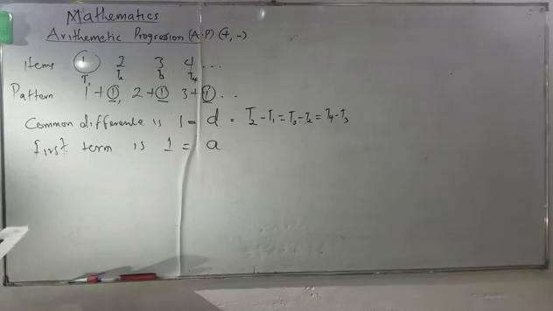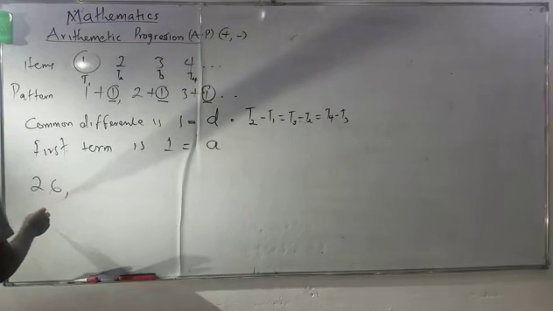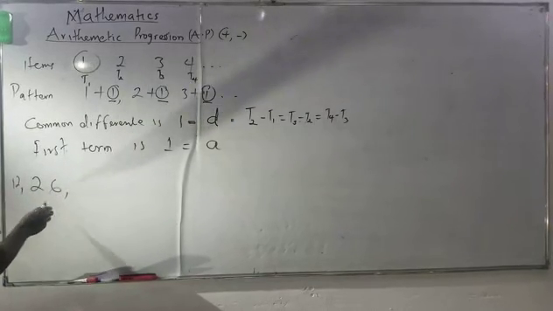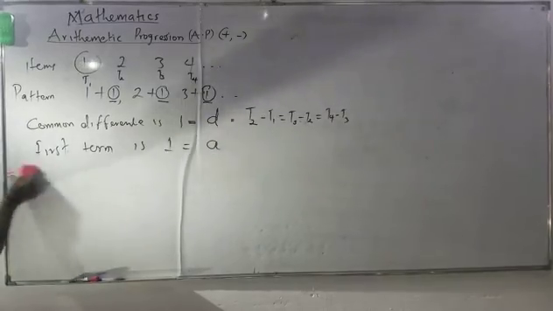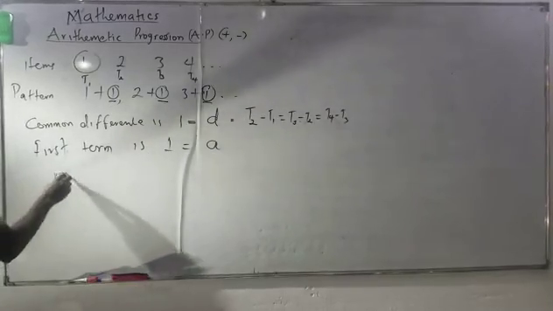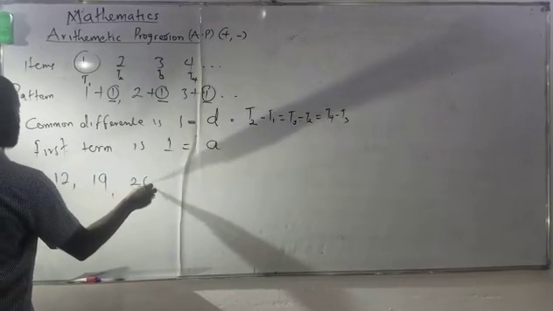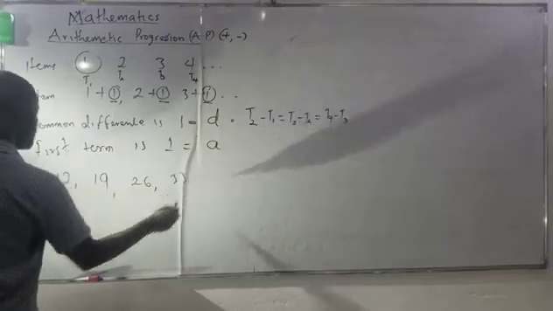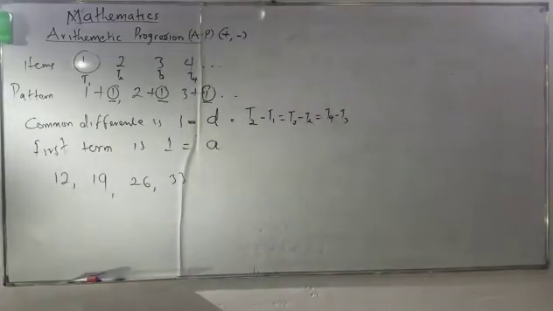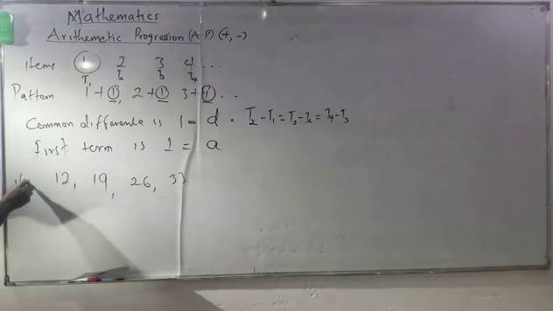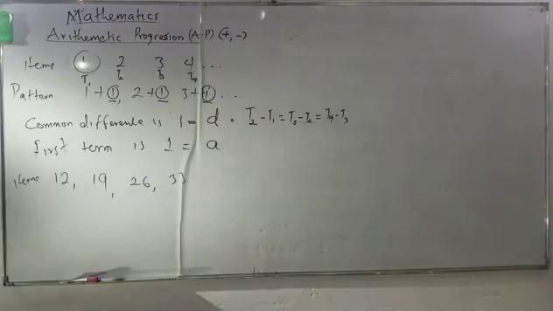Now, let me quickly explain with an example. For instance, look at this: 12, 19, 26, 33. These are the items.